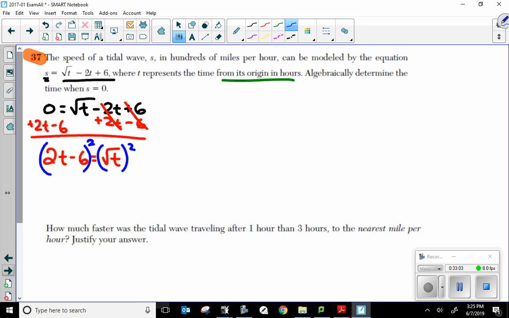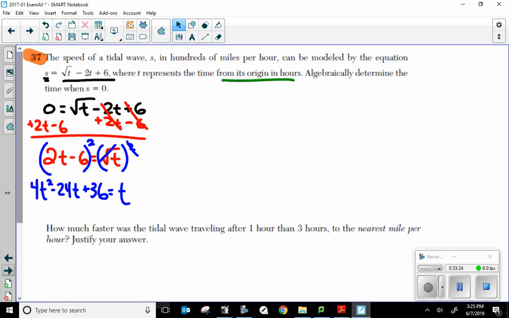All right? So the 2 and the square root cancel. I'm going to FOIL this out for you right now. It is 4t squared minus 24t plus 36. That reeks of quadratic. Meaning, in order to solve a quadratic algebraically, I got to get everything to one side and set it equal to 0.